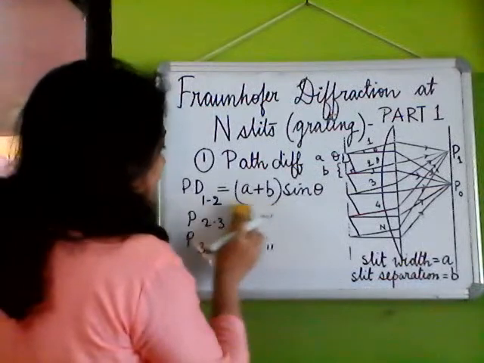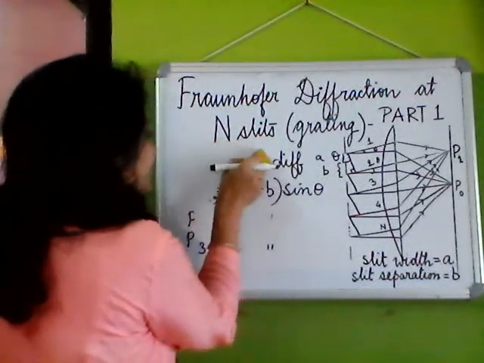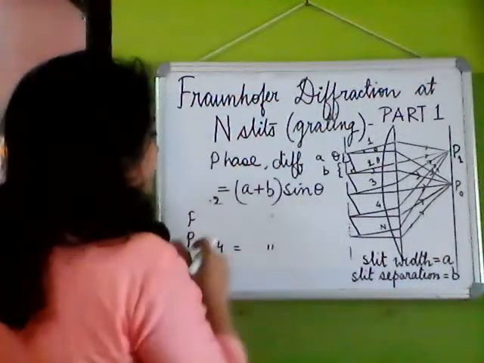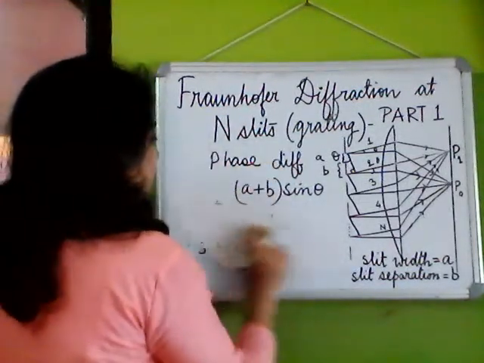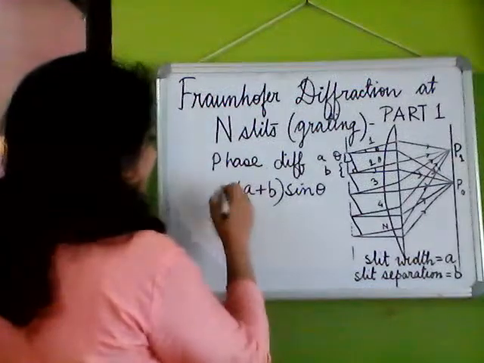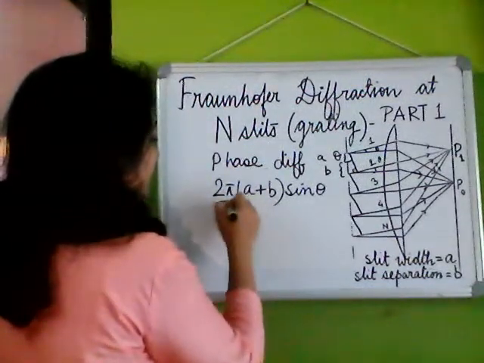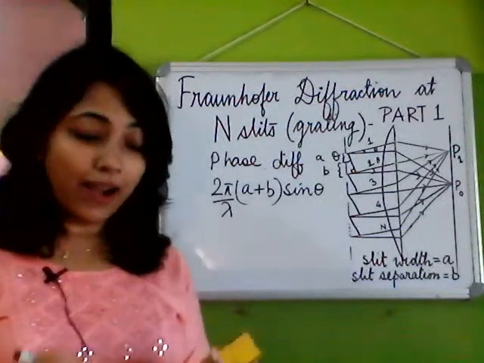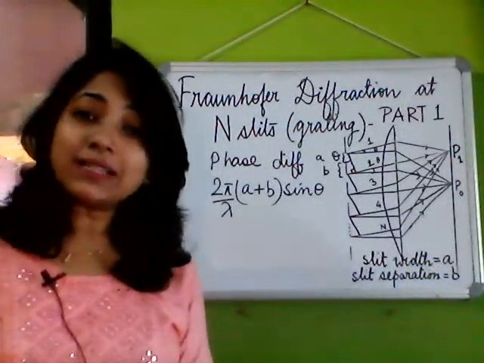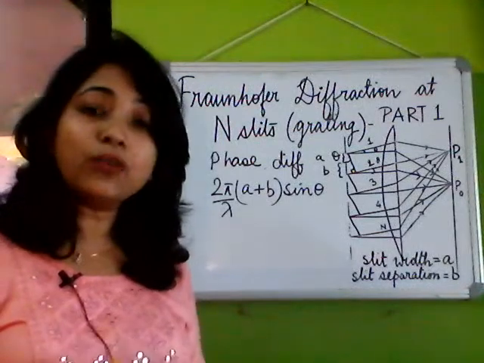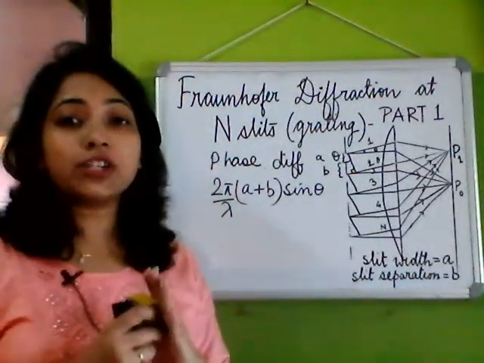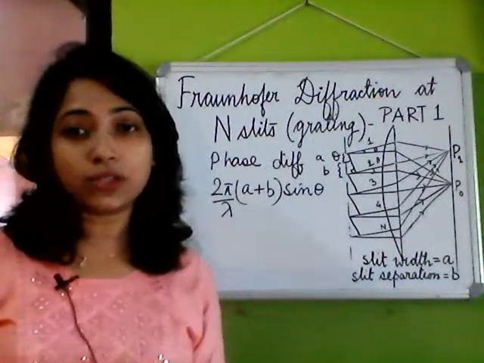Their phase difference now can be written as 2 pi by lambda into the path difference, which is (a plus b) sine theta. Alright, so now we are going to calculate the effect of superposition of n number of sources.